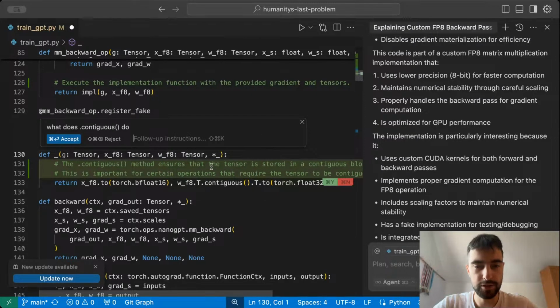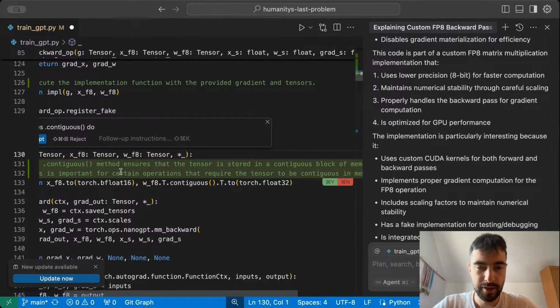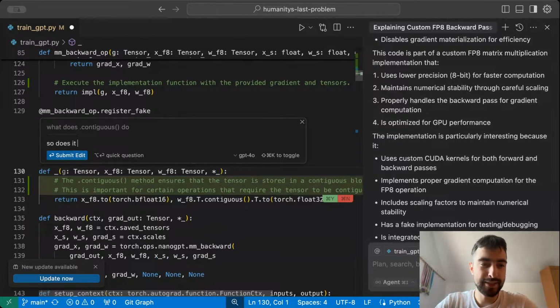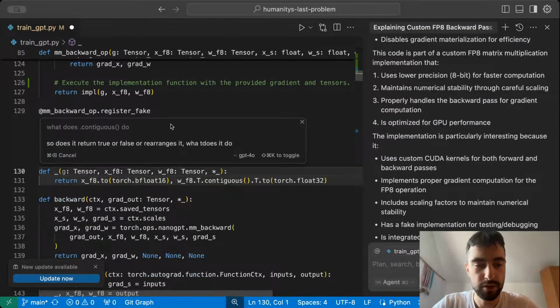Method ensures the tensor is stored in... What do you mean ensures? Does it return true, false? This is important. Oh my god. So does it return true or false or rearrange it? What does it do?